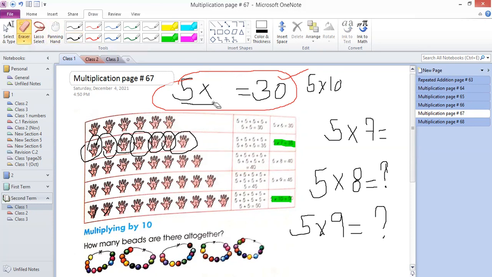So 7 groups of 5 is very easy. 7 groups mean you will multiply by 7. Because there are 5 fingers, so you will multiply 5 by 7. And 5 by 7 equals what? If you know, you can directly write.